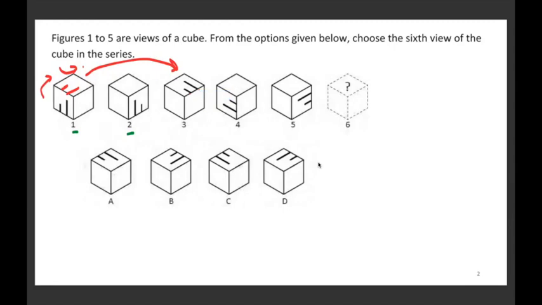Works. Next, when I look at figure 3 and 5, figure 3 rotated in this direction, again clockwise, I will get this kind of a figure, and then again this figure rotated counterclockwise, I'll get this figure here, which is 5.